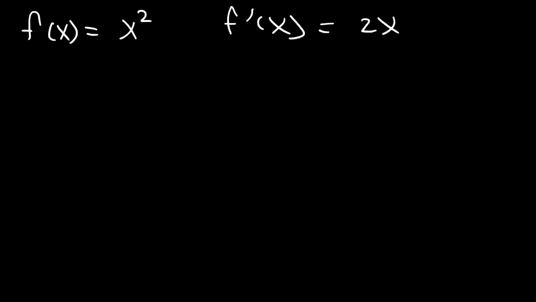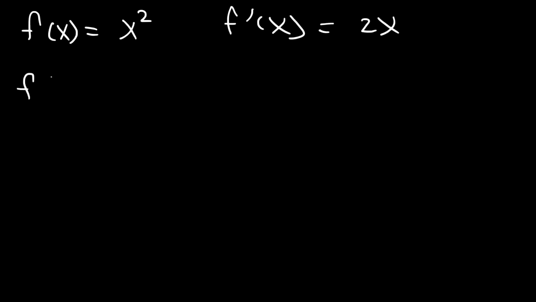Now let's talk about derivatives and how to use limits to get it. Now let's say f of x is x squared. We know that f prime of x using the power rule is 2x. But how can we use limits to show it?